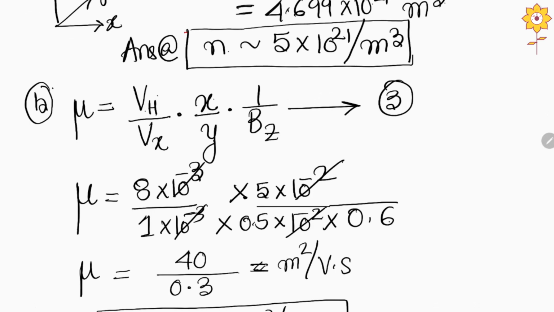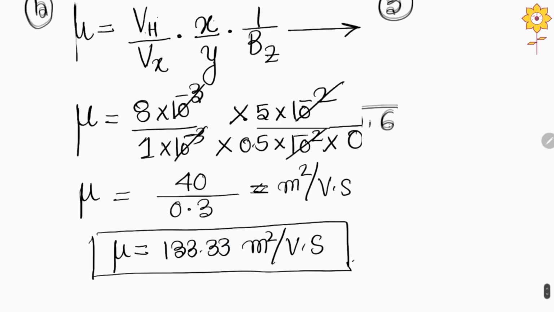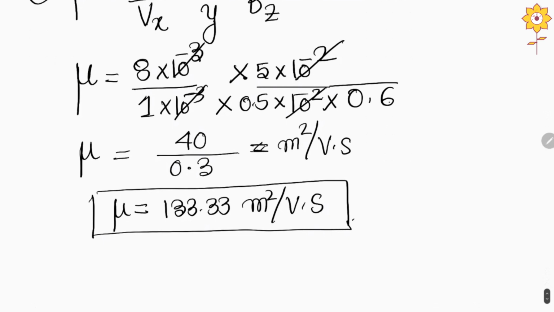The dimension along X, which is the length, is 5 centimeters, so 5 into 10 raised to minus 2, divided by Vx, which is 1 millivolt, and this is Y, the width, which is 0.5 centimeter. When I work with all this, it turns out to be 133.33 meters square per volt second. So this is your answer B.